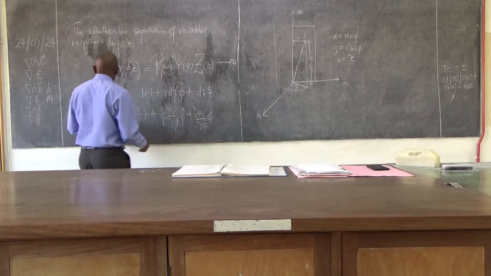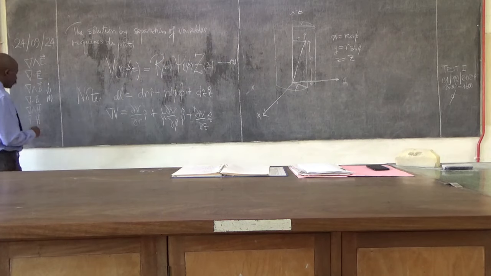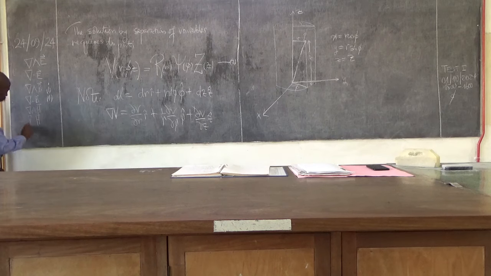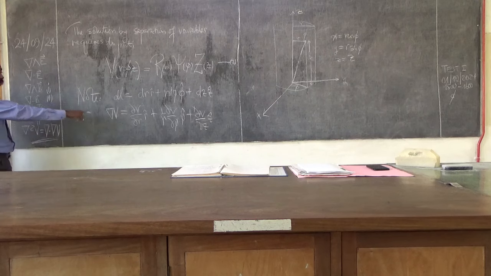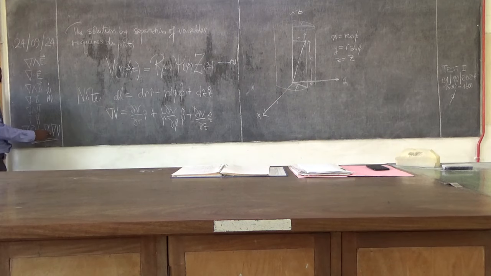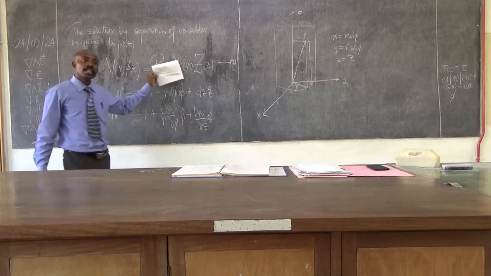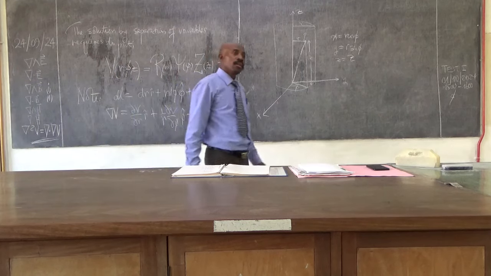And if you want the Laplacian, the Laplacian grad squared V can be derived from the divergence of the gradient. So in your free time, you can prove whether taking the divergence of this grad V gives the Laplacian in cylindrical coordinates.